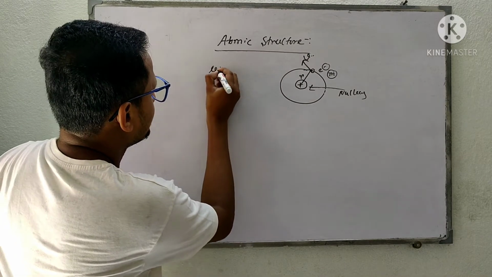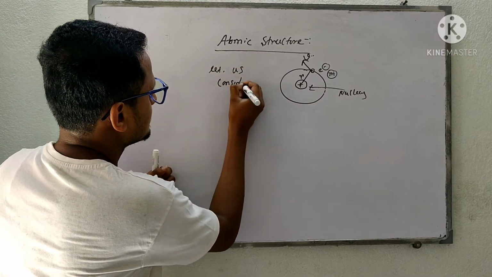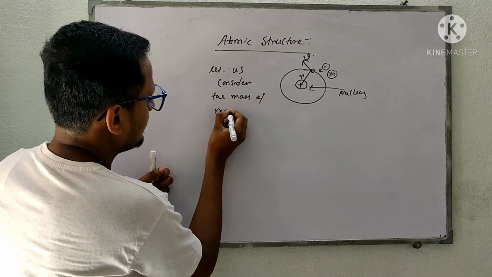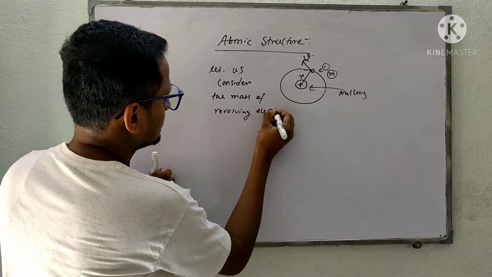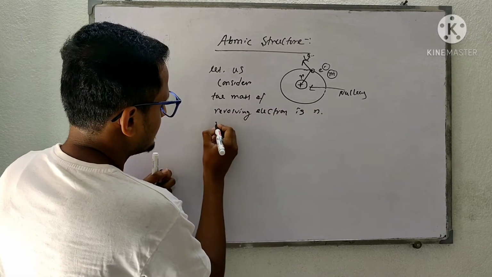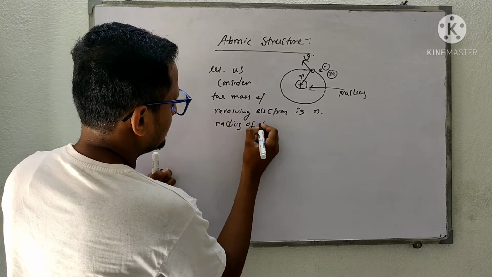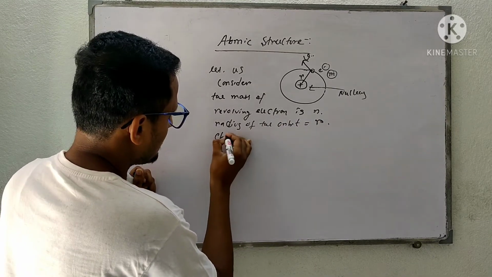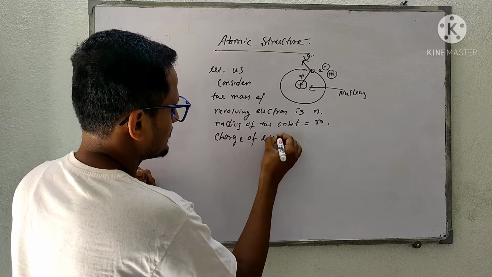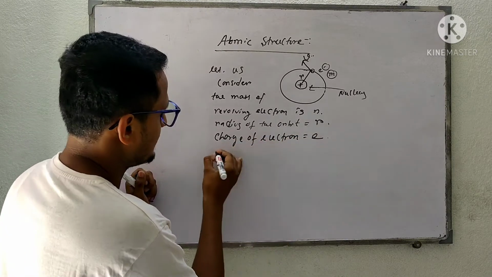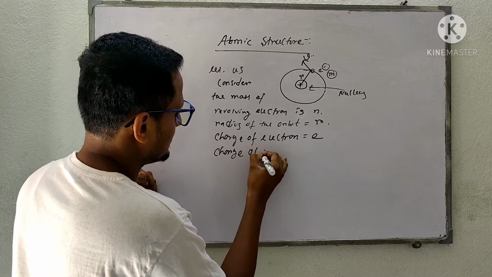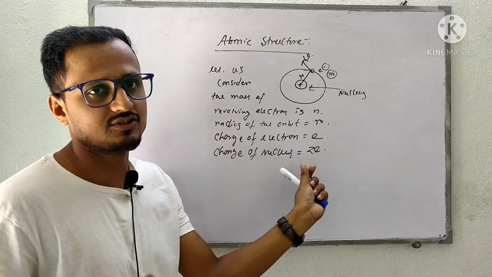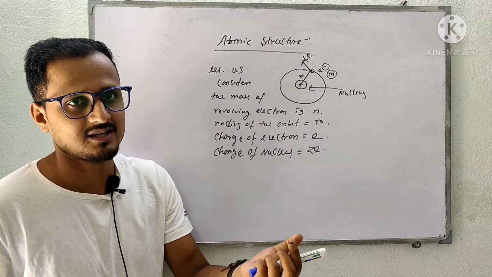So let us consider the mass of the revolving electron is m, the radius of the orbit where the electron is present is r, the charge of the electron is e, and the charge of the nucleus we have to take as Ze. This is denoted as Ze, because the atomic number is denoted as Z.